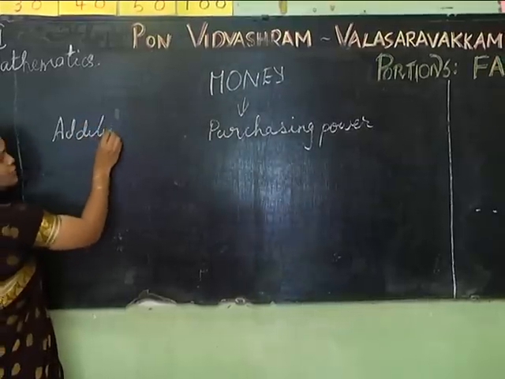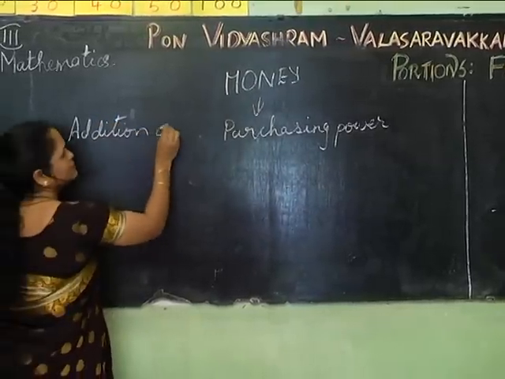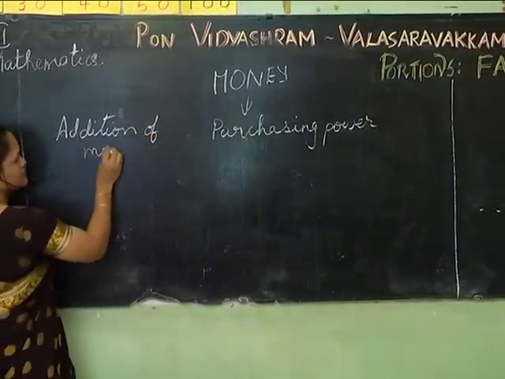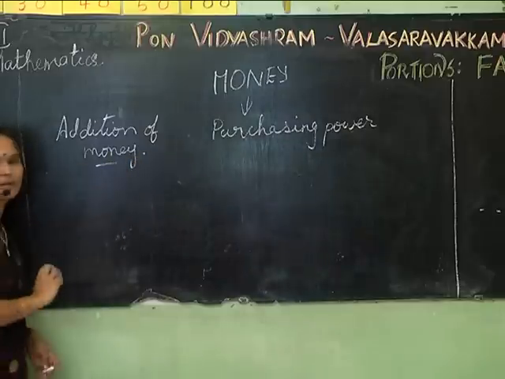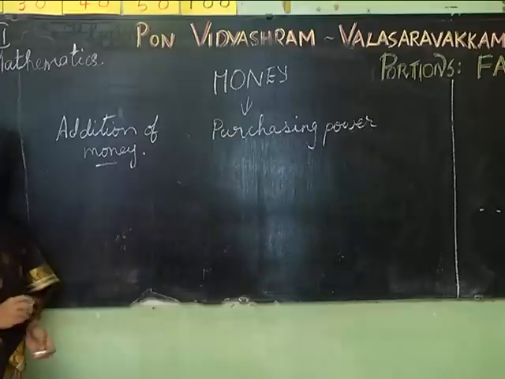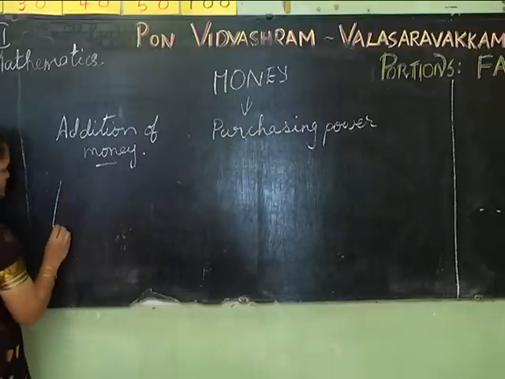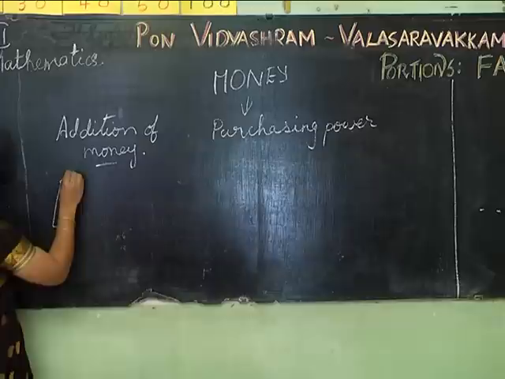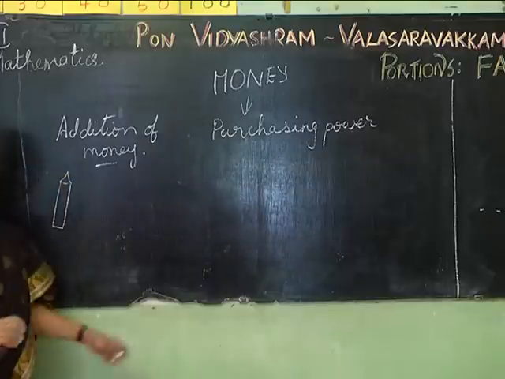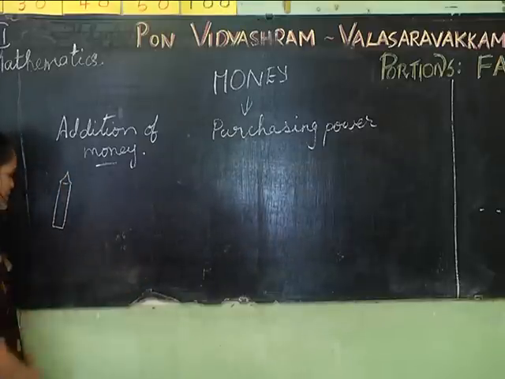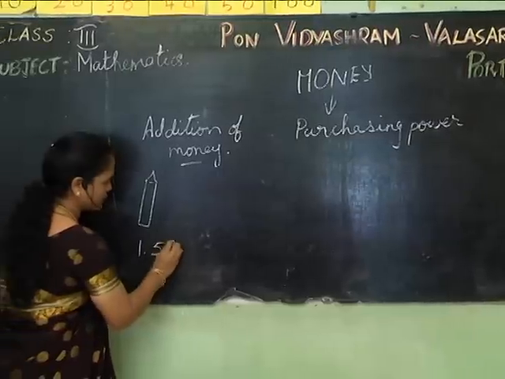Next is, how do you add money? Now, the cost of this pencil is 1 rupee 50 paise.